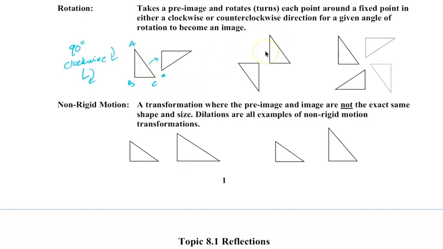You can look at something like here. Let's say this is my original image, or pre-image. This one looks like you could do it clockwise about 180, or you could do counterclockwise 180. Either way works.